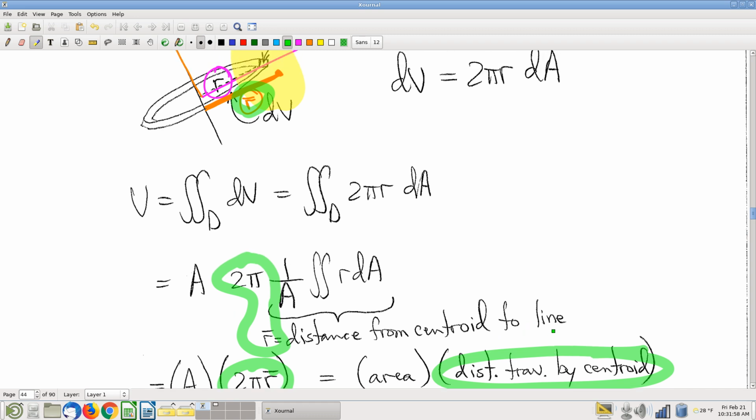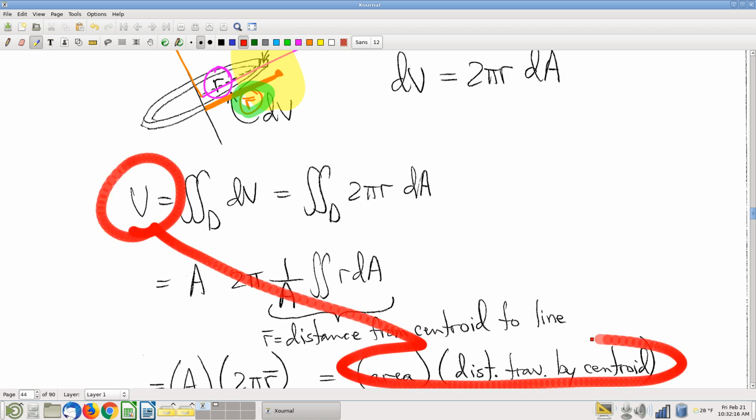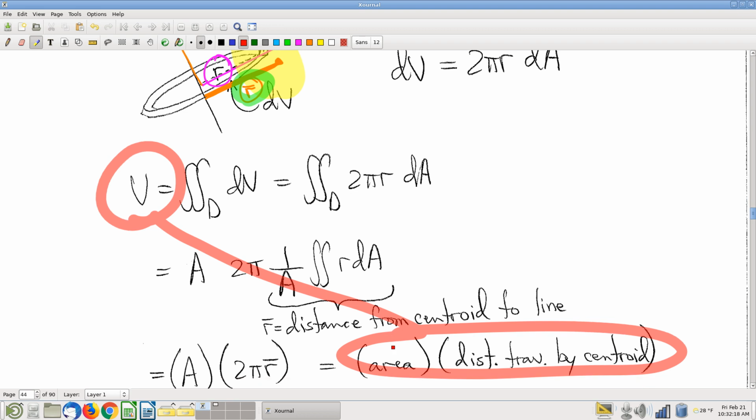When you rotate that whole thing around, 2 pi times that radial distance gives you the circumference of the circle that the centroid makes, otherwise known as the distance traveled by that centroid. And there you go. Here's Pappus's theorem. Pappus's theorem says that the volume is the area times the distance traveled by the centroid. Very, very cool theorem.